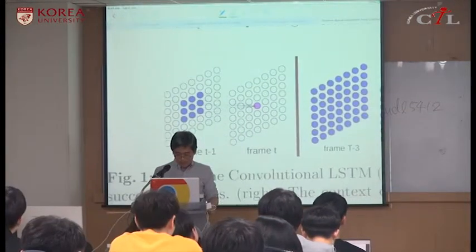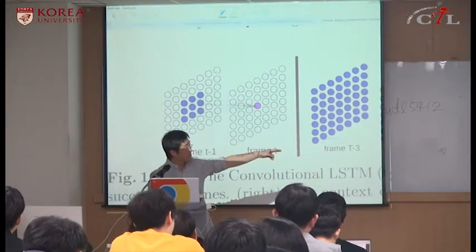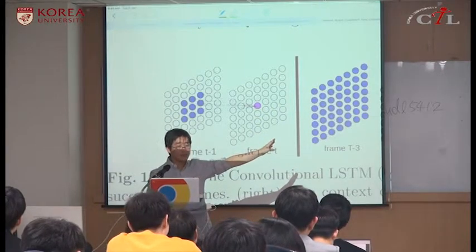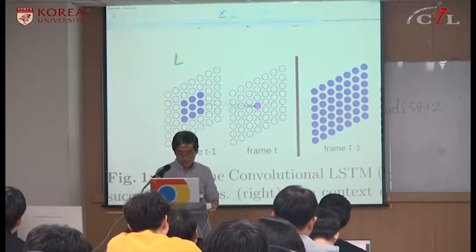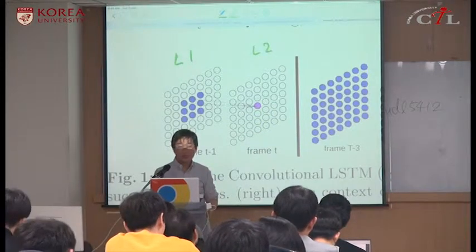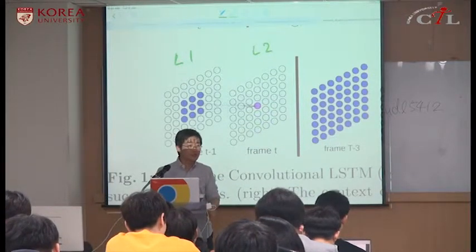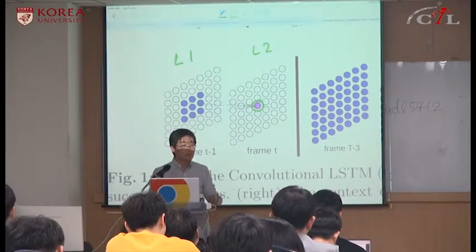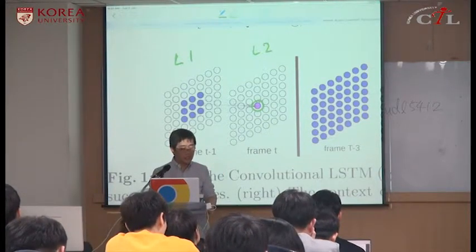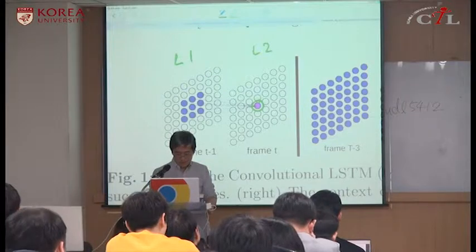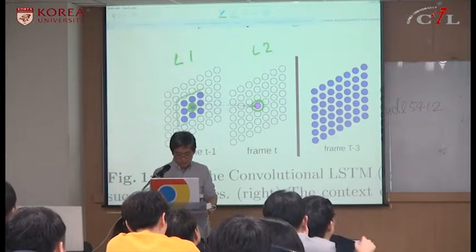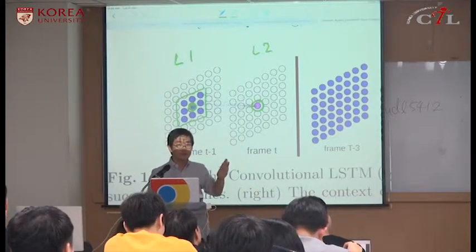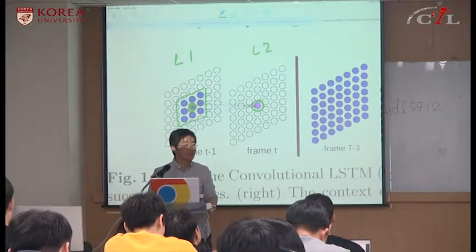Let's ignore frame t-1 and t, and assume those are our layer 1 and layer 2. This is an example of a convolution, right? In order to produce one single output, how many pixels do we look at? Centered here, we are looking at plus and minus 1 pixel of neighboring pixels.